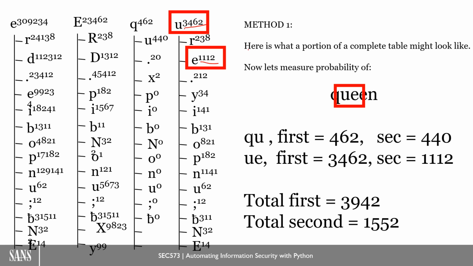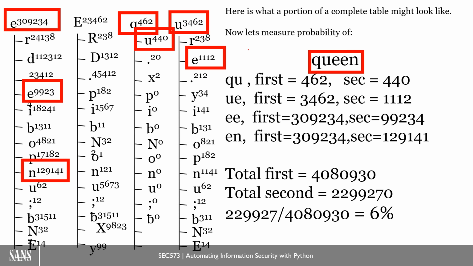And I'll just total up all of the first characters and all of the second characters, adding these numbers together. I'll then take that as a probability and call that my word probability.